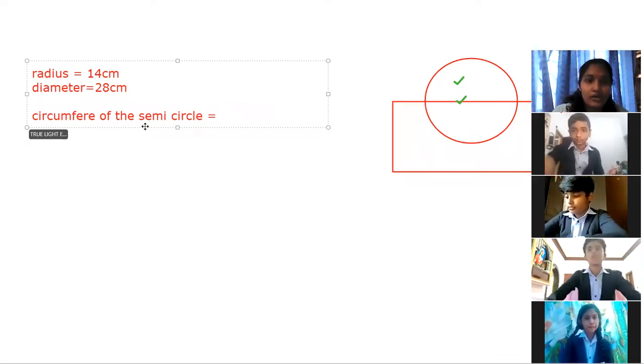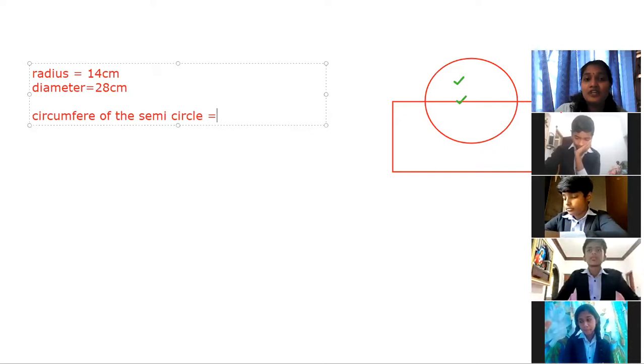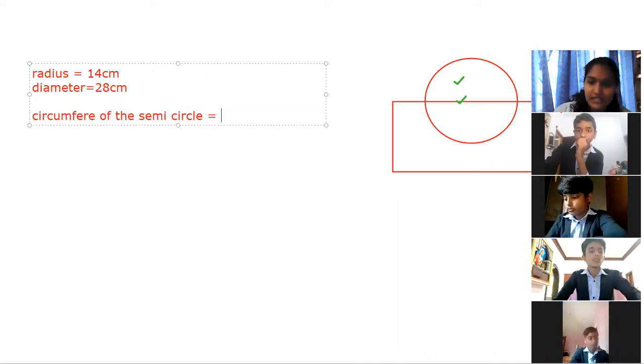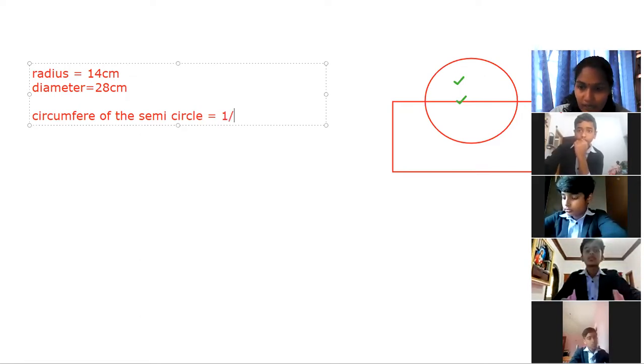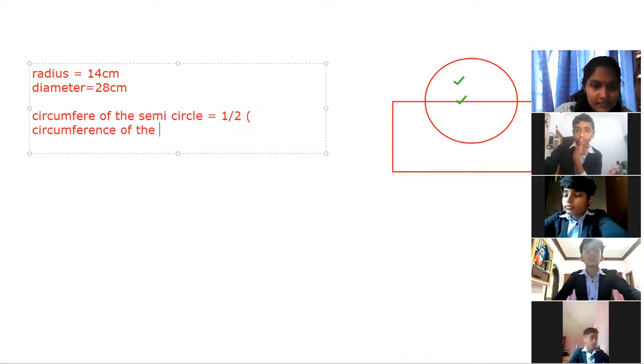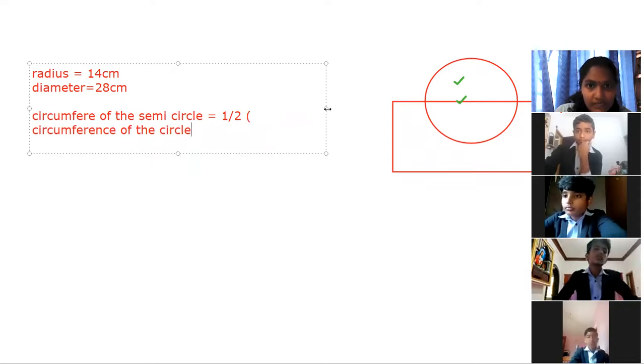So the equation to find the circumference of a semicircle is 1 by 2 into the circumference of the circle.